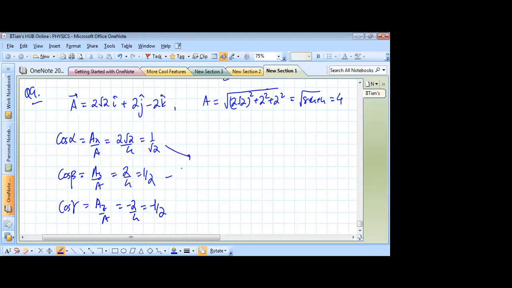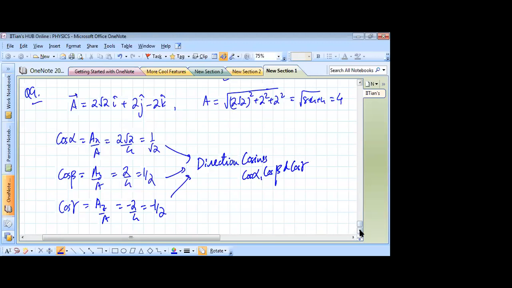So these are nothing but the direction cosines, which are denoted by cos alpha, cos beta, and cos gamma. So that's it. That's all you have to do with that. That's question 9.